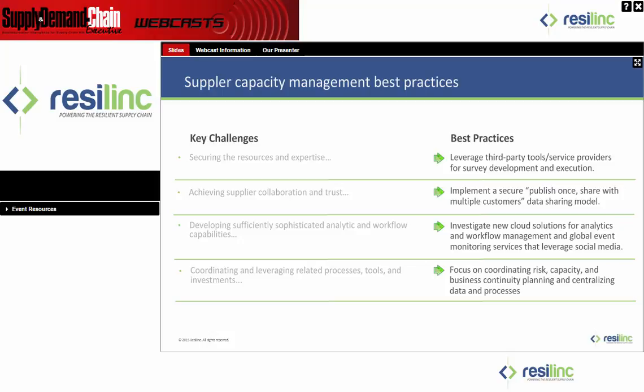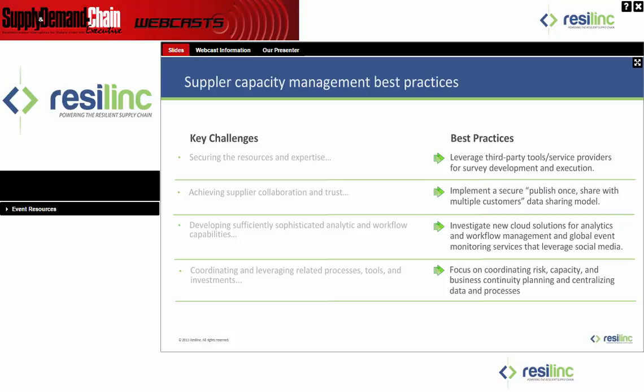An approach that works really well is to make available to them a platform where they can input information once but share it multiple times. What we have seen is that the cost savings they achieve by having such efficiency really motivates them to participate.